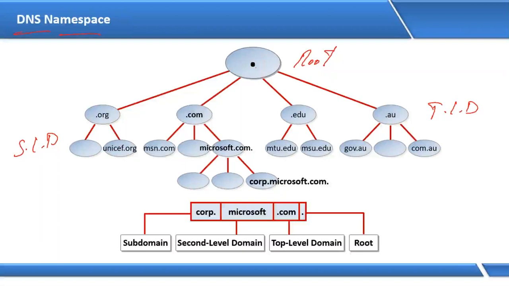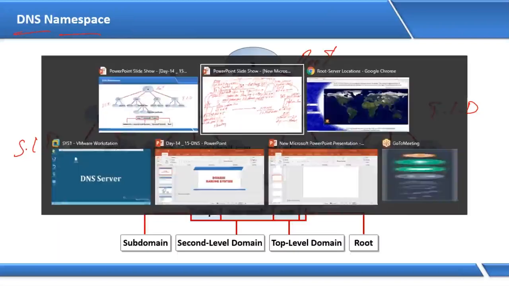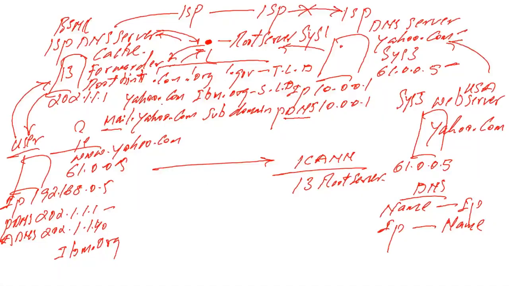So please write down one point there. According to Microsoft 2012 server information, in the world there are 13 root servers.